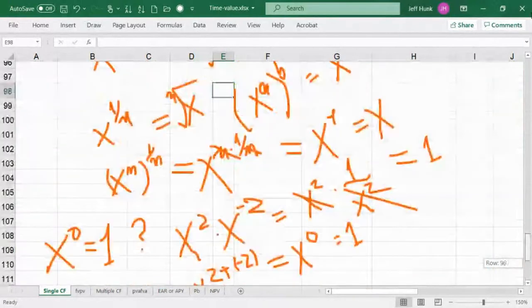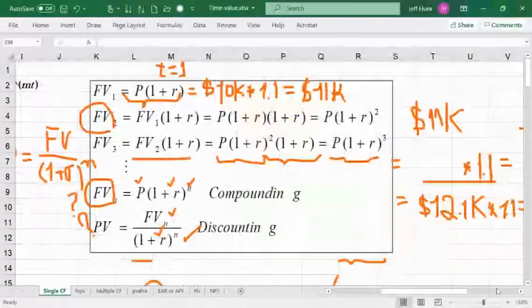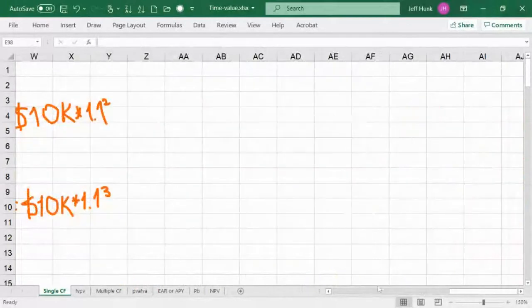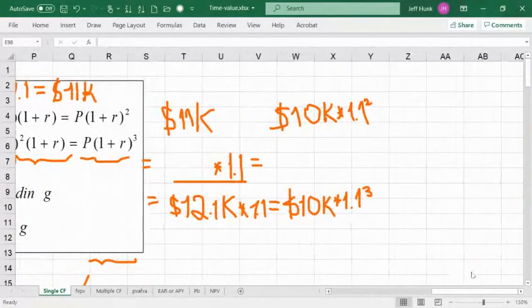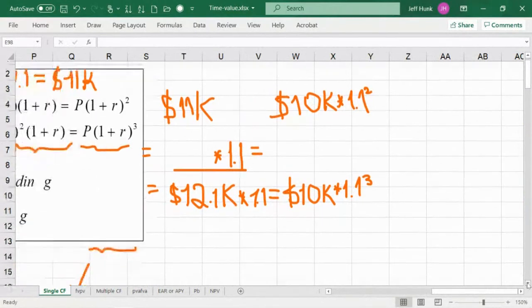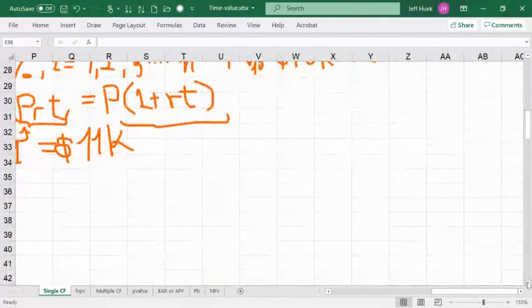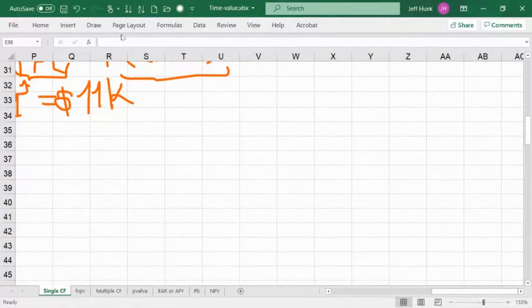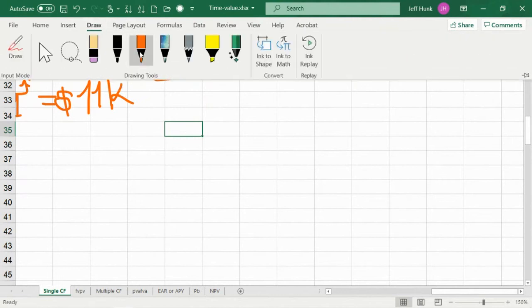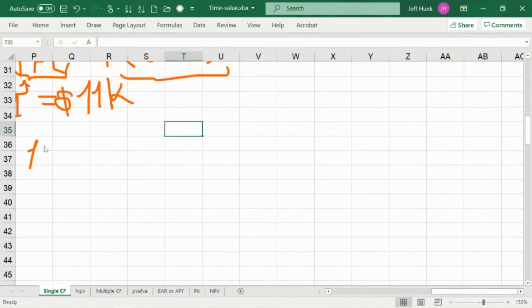Let me come up here. We all know what 10 to the 6th is, right?